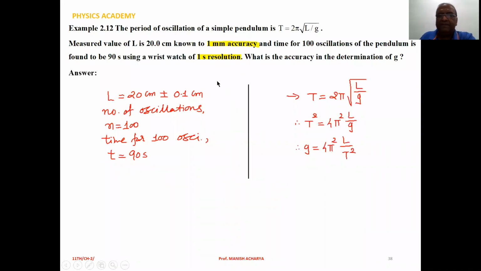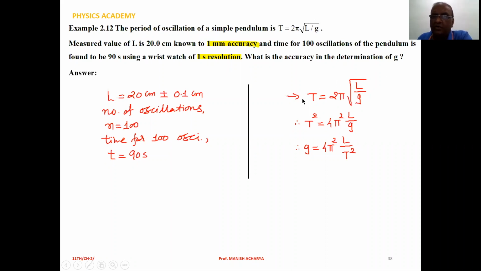Now see, the equation for the period of oscillation that is given to you is T equal to 2 pi under root L by g. But we want the accuracy in determination of g.